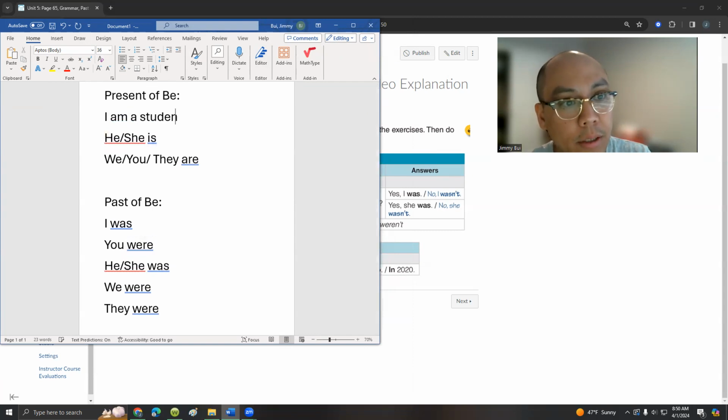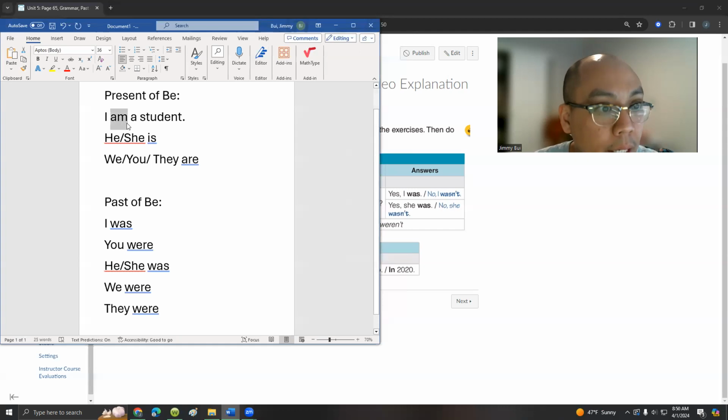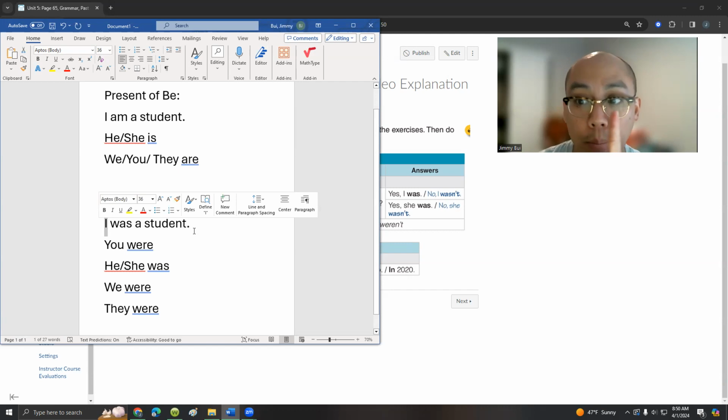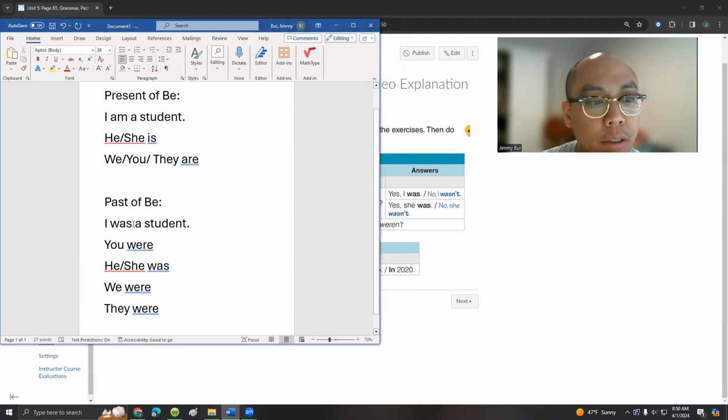To give some examples, it would be the same thing. I am a student. So we have subject plus be plus noun. Same thing here: I was a student. The reason why is that I am one person, so was is used for singular: I, he, she, it.